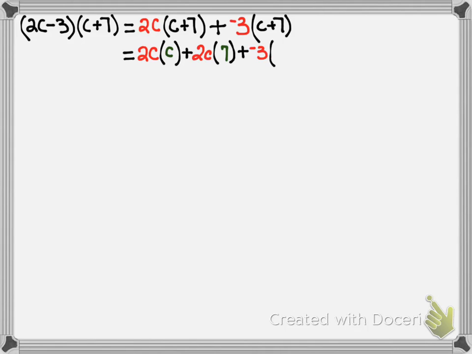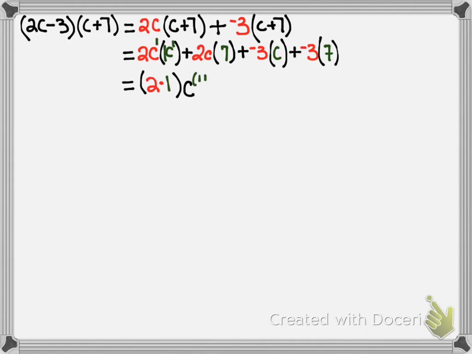All right, your answers for these should have been as follows. If you did not have this, see where you went wrong and make the corrections or ask questions. So this would end up as 2c times c plus 2c times 7 plus negative 3 times c plus negative 3 times 7.